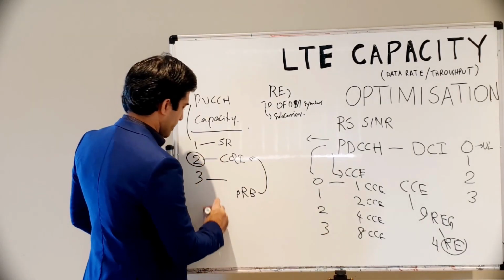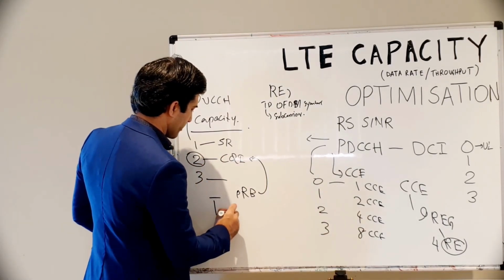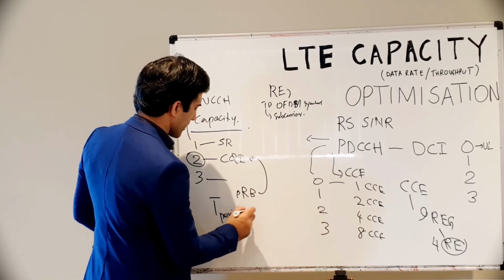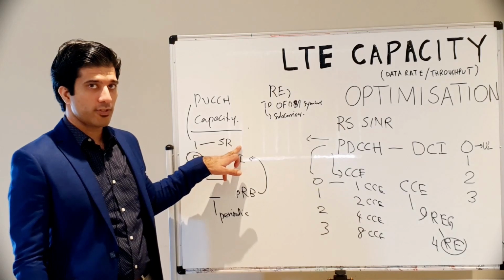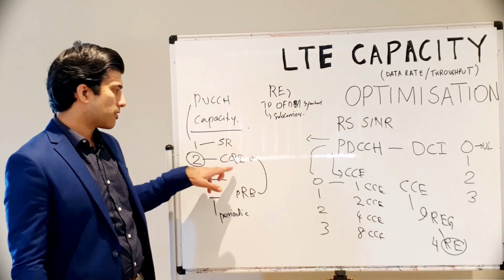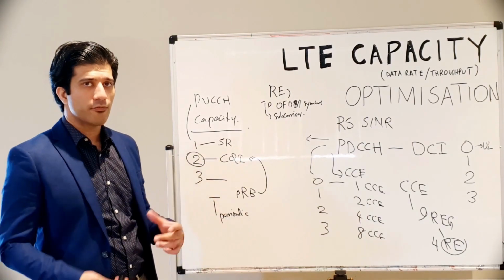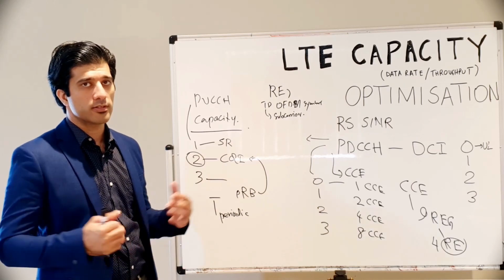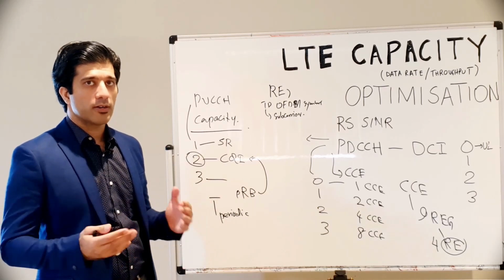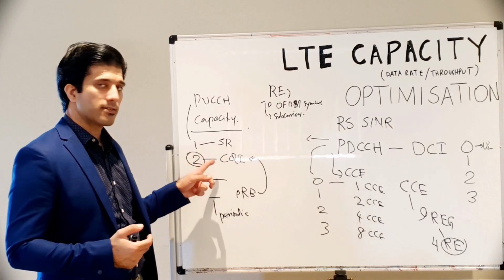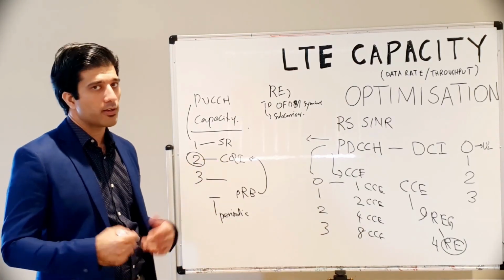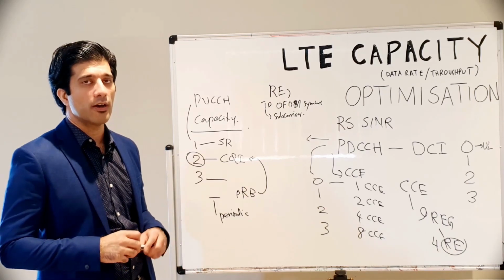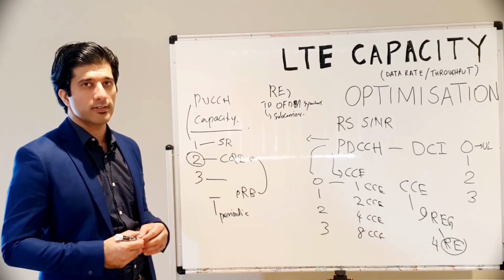Then we have our periodicity: a periodic time period for SR, the scheduling request, and for CQI. The default is 10 milliseconds. Per 10 milliseconds we have one SR and one CQI.